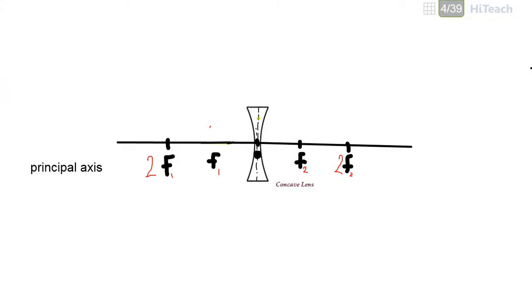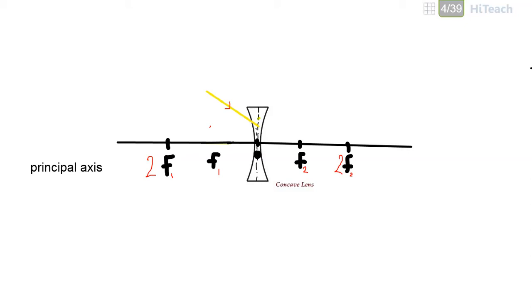Let's do it together. This is the ray of light. Look at it here. But I want to show you something here. Stop at this point at the center. Look at the direction.